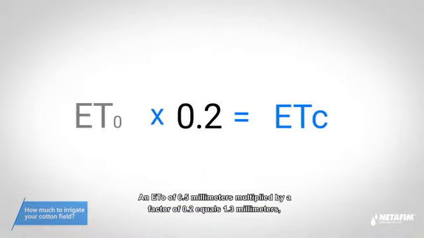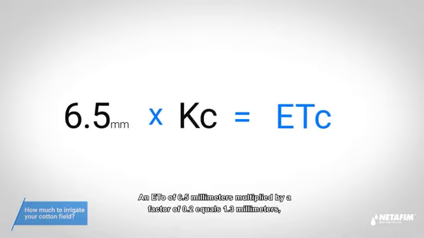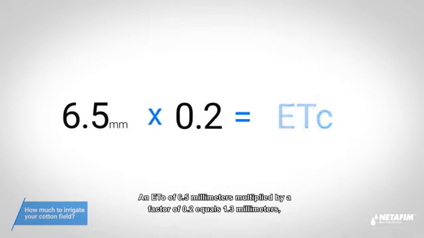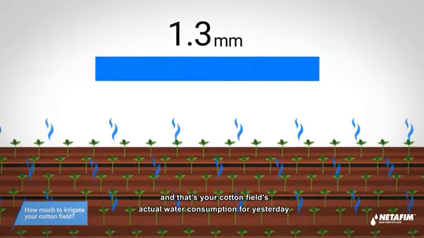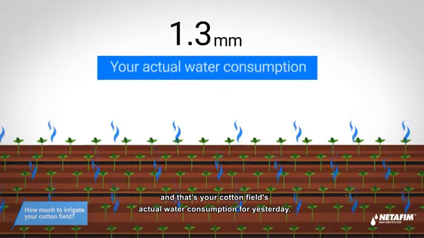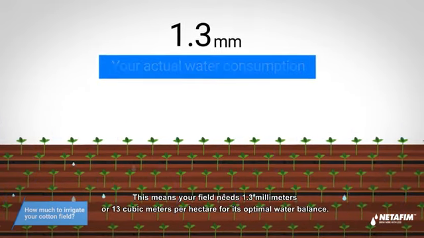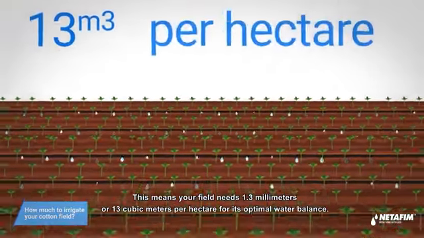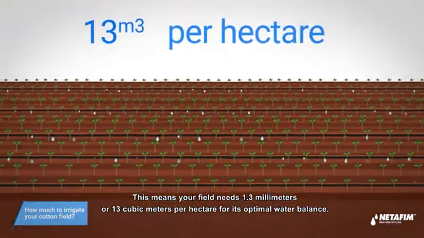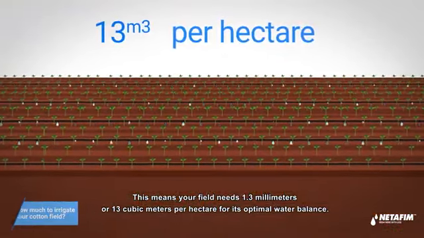An ETO of 6.5 millimeters multiplied by a factor of 0.2 equals 1.3 millimeters. And that's your cotton field's actual water consumption for yesterday. This means your field needs 1.3 millimeters or 13 cubic meters per hectare for its optimal water balance.